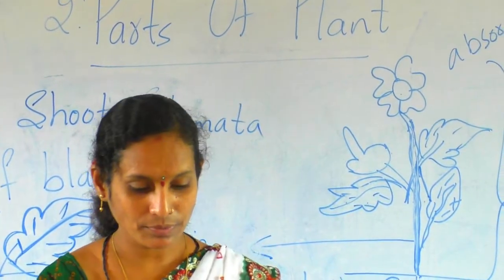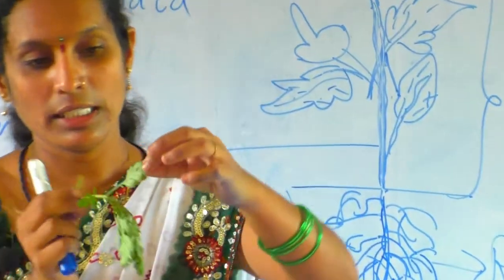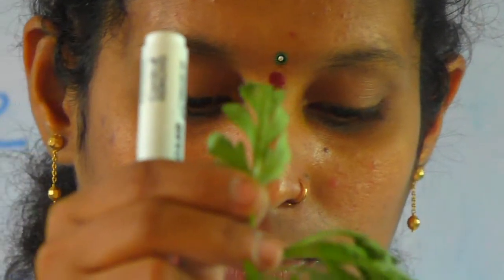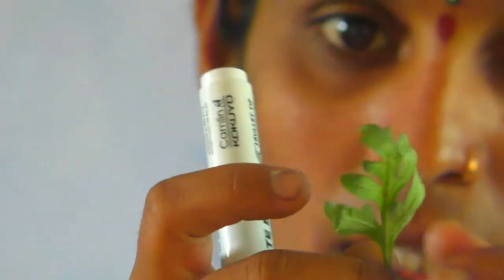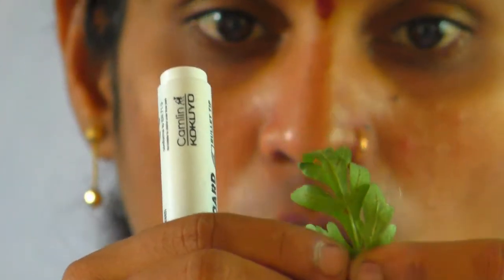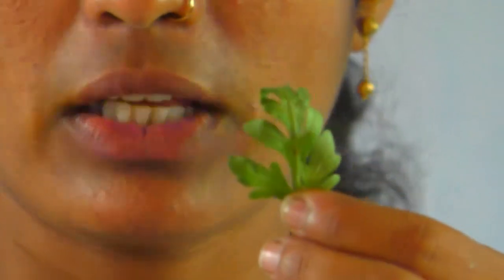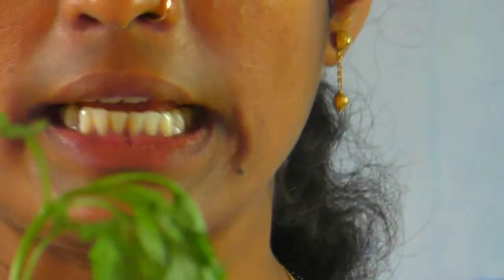Stomata. See, here, on the back side. Small openings are there, we can't see them, we will see them through the microscope when you come to higher classes.